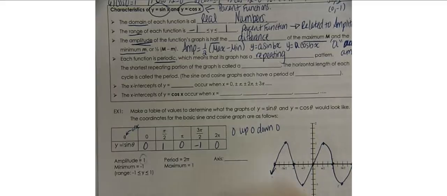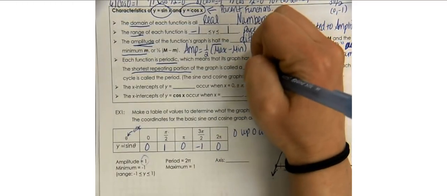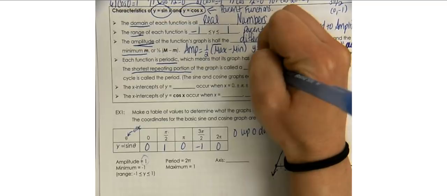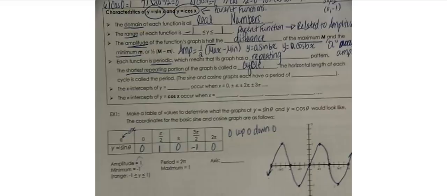The shortest repeating portion of the graph is what we call a cycle. So 0, up, 0, down, 0 represents one cycle, or up, 0, down, 0, up represents one cycle. And then that pattern repeats itself over and over again.